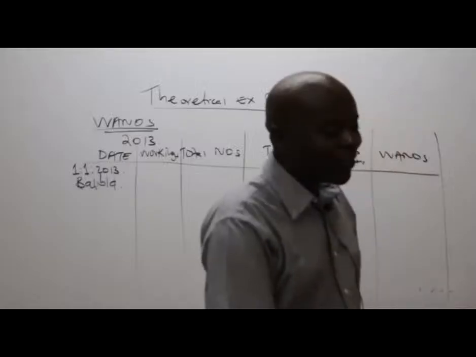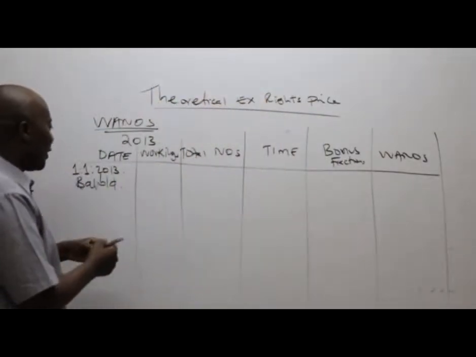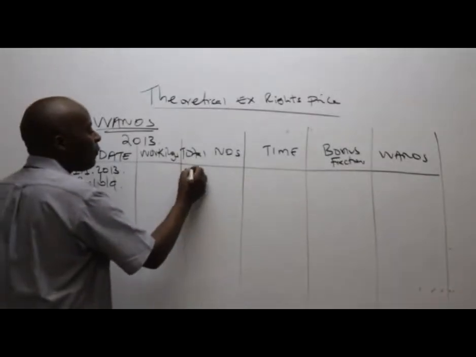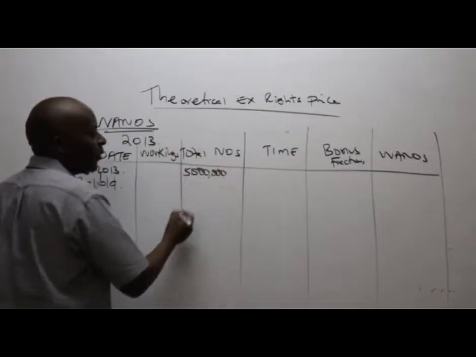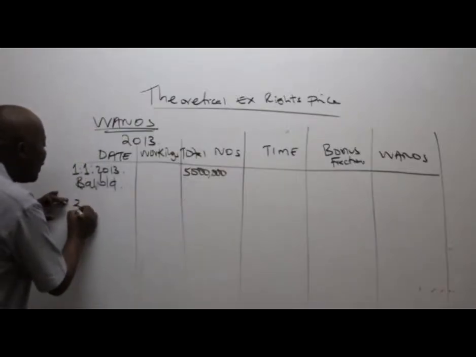So 2013 is closed. I ought not even to have drawn this kind of big table for 2013, because in 2013 the total number of ordinary shares was 5 million. Ladies and gentlemen, all the way up to the end of 2013, there was really nothing here.